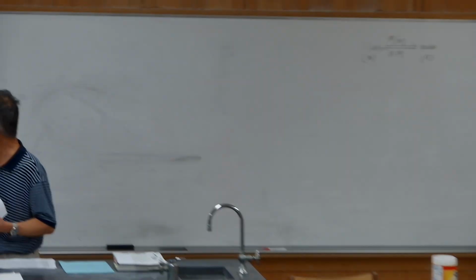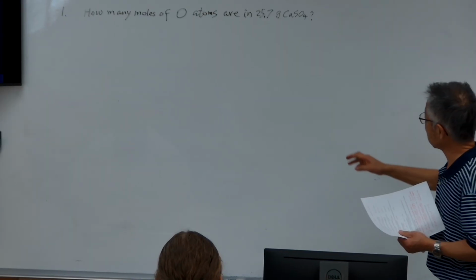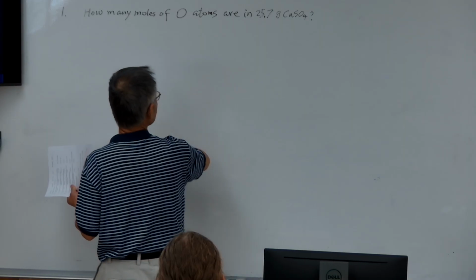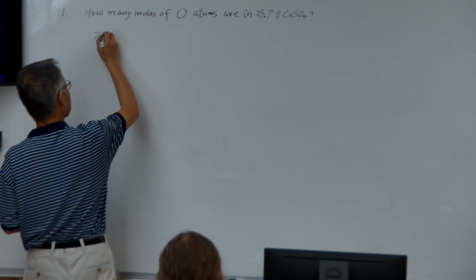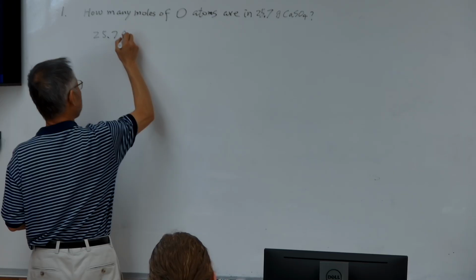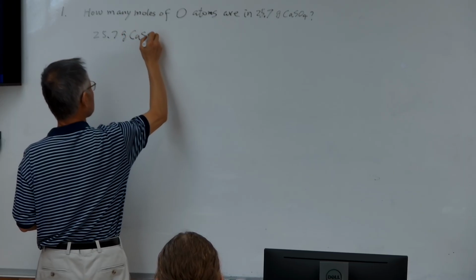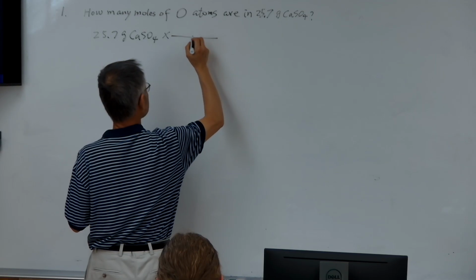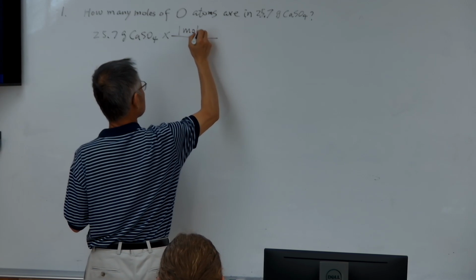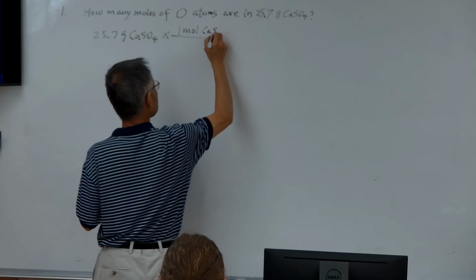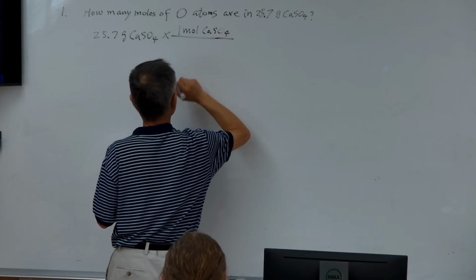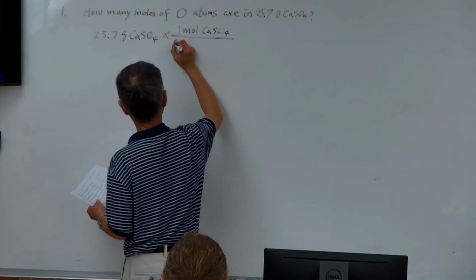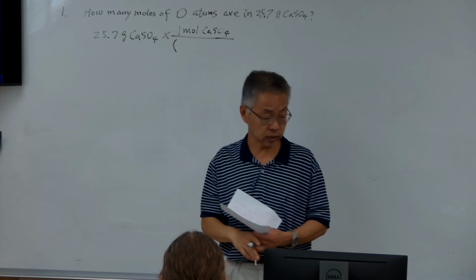So here it tells us the mass of this compound, and you need to find the moles first. Mass of this compound divided by molar mass gives you moles. What is the molar mass? You need to take a look at the periodic table.